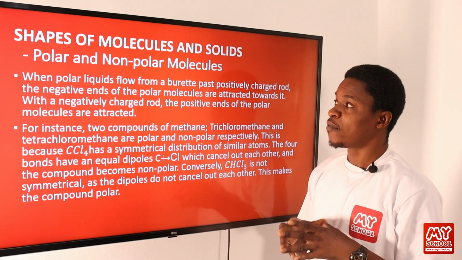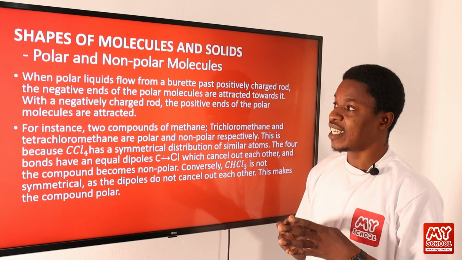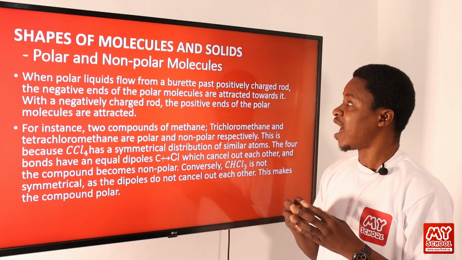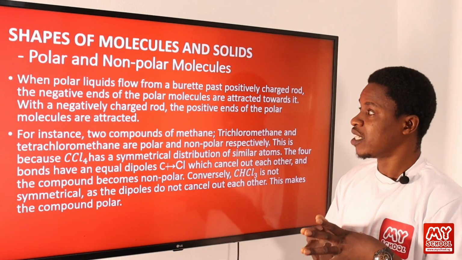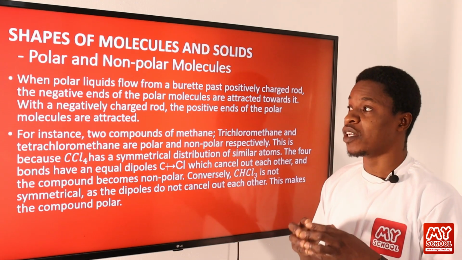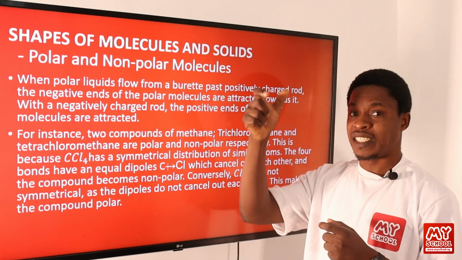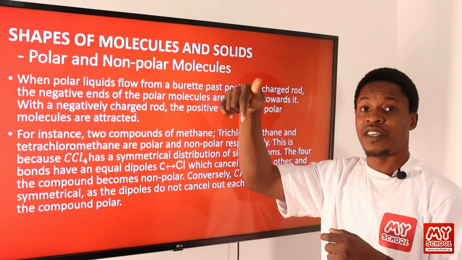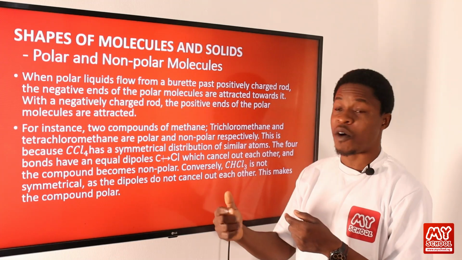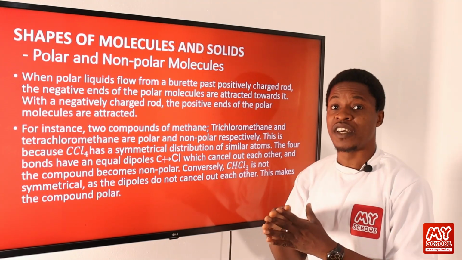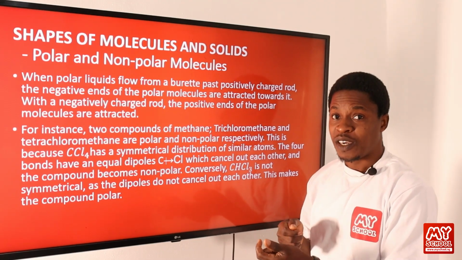When polar liquids flow from a burette past a positively charged rod, the negative ends of the polar molecules are attracted towards it. With a negatively charged rod, the positive ends of the polar molecules are attracted. There's an experiment, a setup. We have a burette on a retort stand, and then we have the solvent inside of the burette, and then opening the tap, you bring a rod closer.